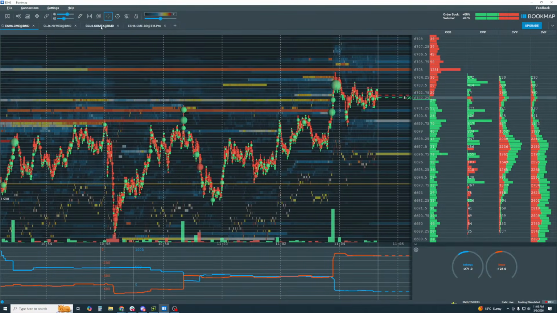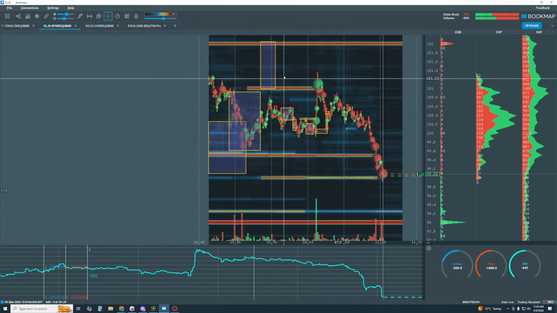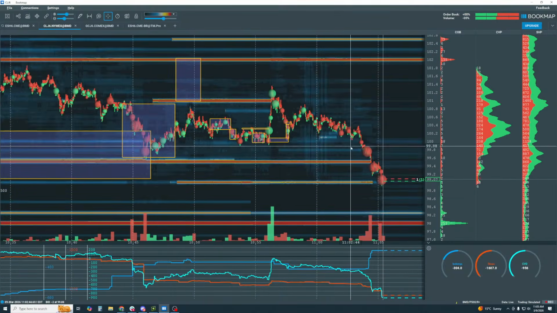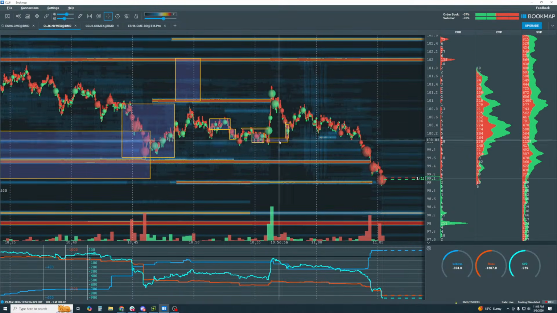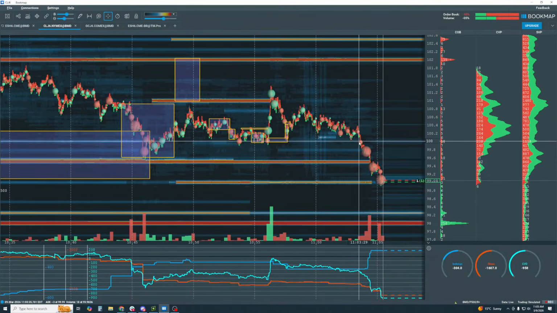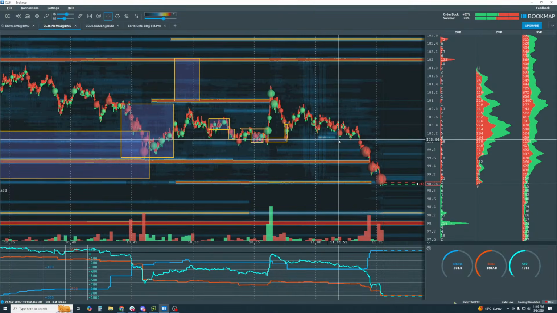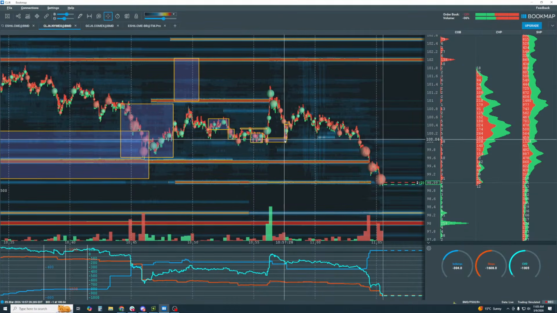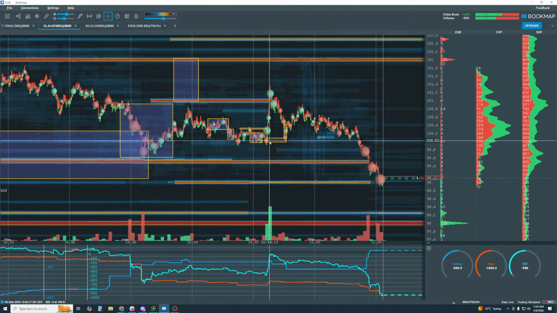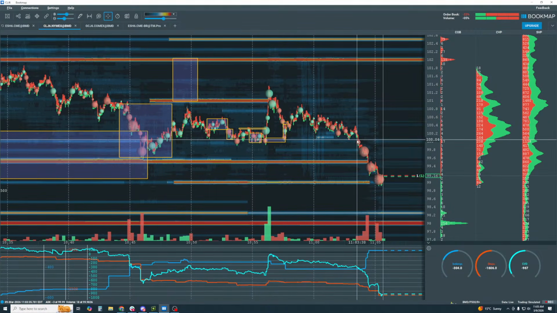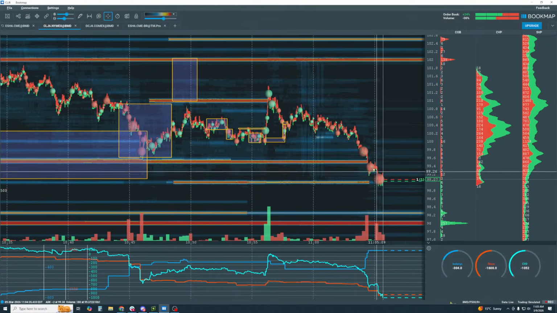All right, let's jump over for a quick look at crude. Oh, look at that. So crude did. Look where it picked up though. This is the scenario we were just going through of it potentially picking up down here with the selling, and then the squeeze to the downside.